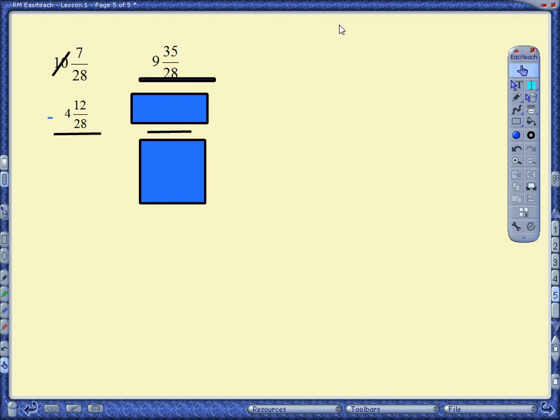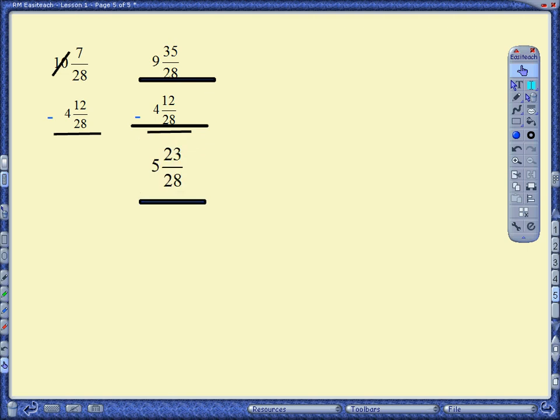And this is going to be 4 minus 4 and 12 over 28. And the final answer should be 5 and 23 over 28. And there it is. That's the end of lesson 1 and the examples.